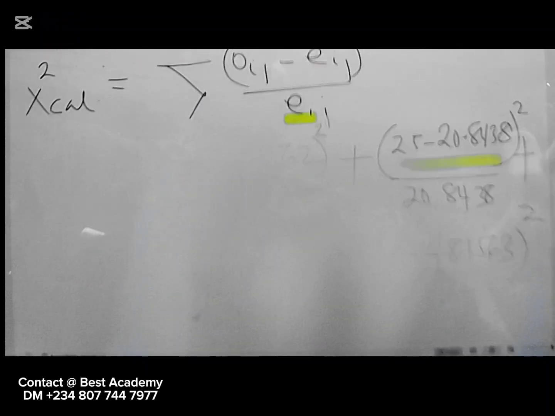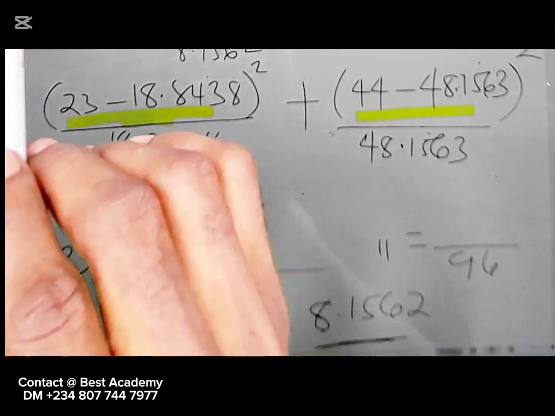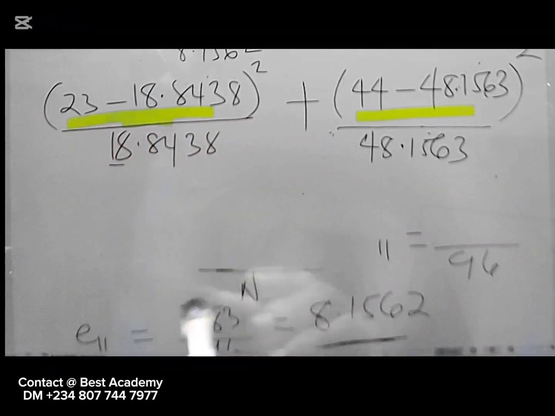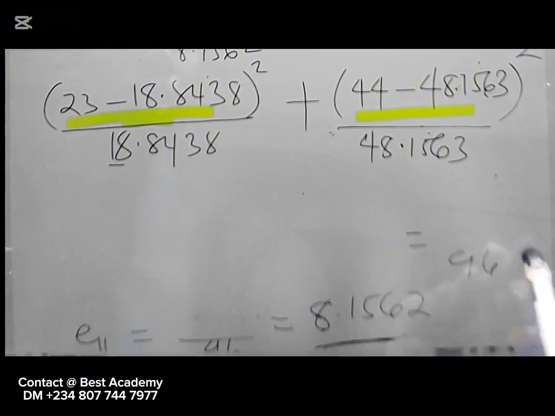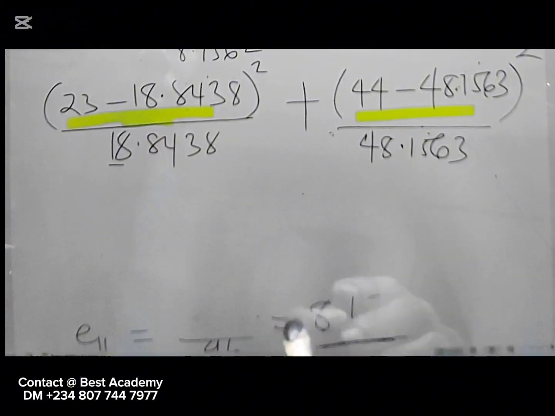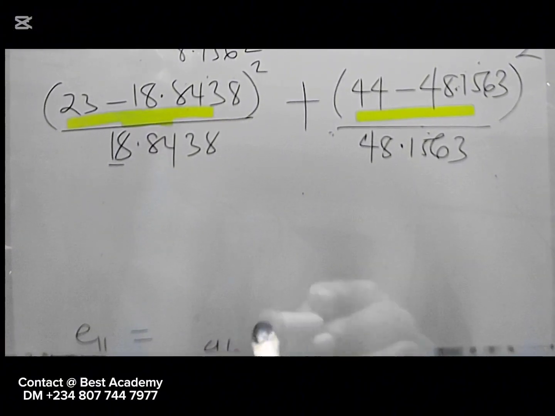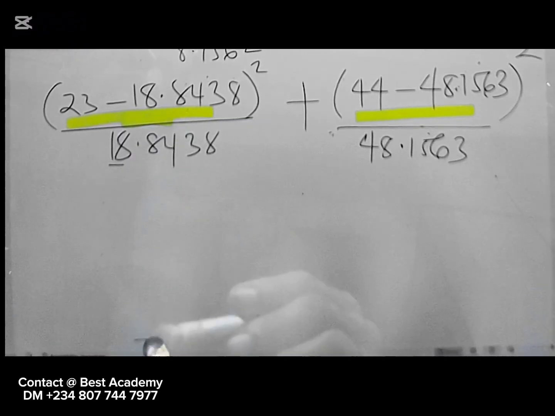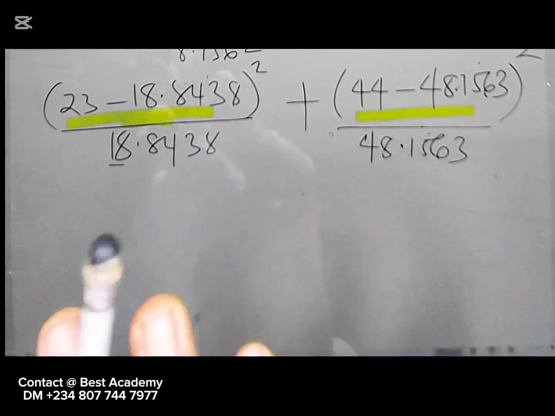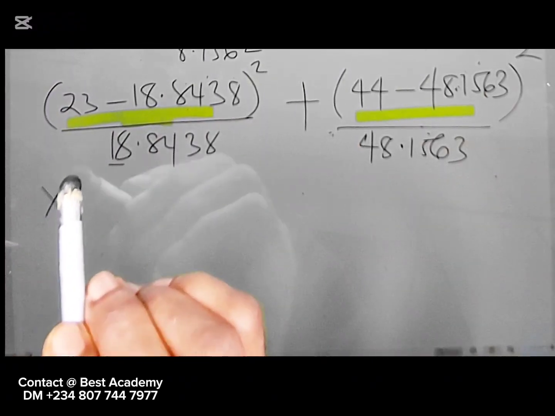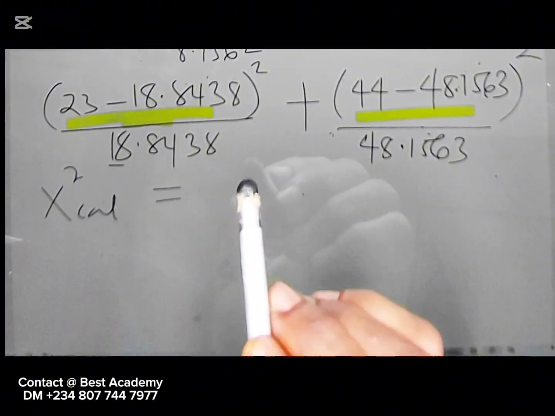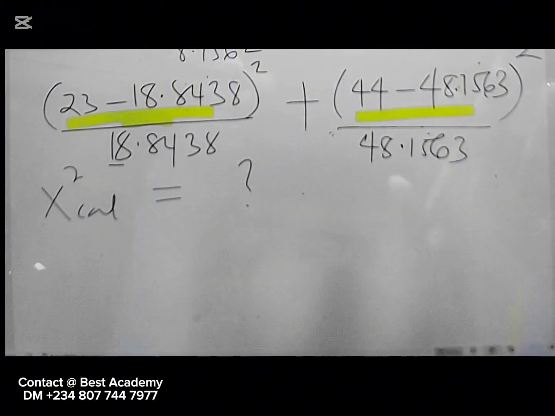So assuming that the answer here is this, let me just teach you guys how to state hypothesis. So just calculate chi-square calc and get me the answer. You can post it in the comment section to check if you definitely got the answer.